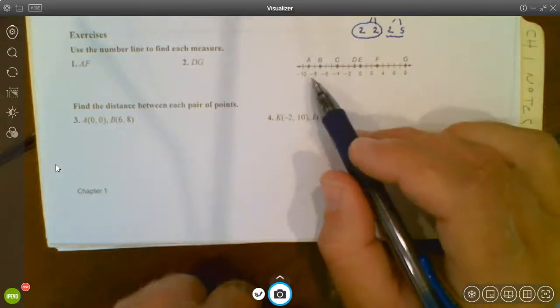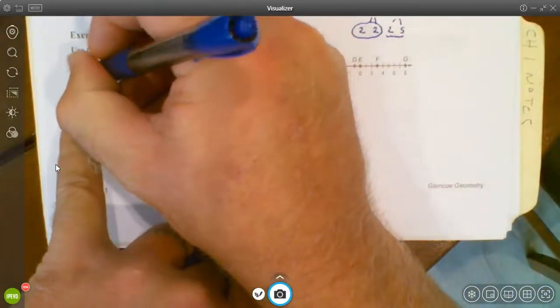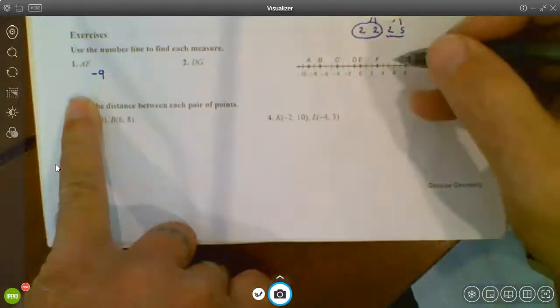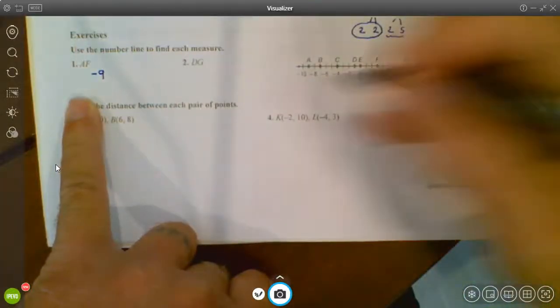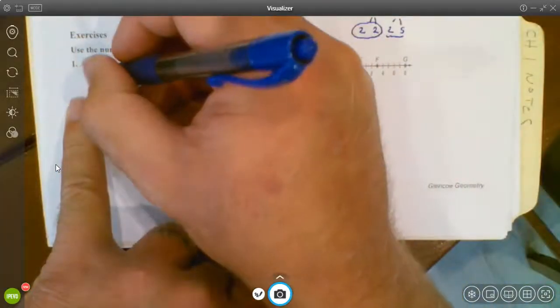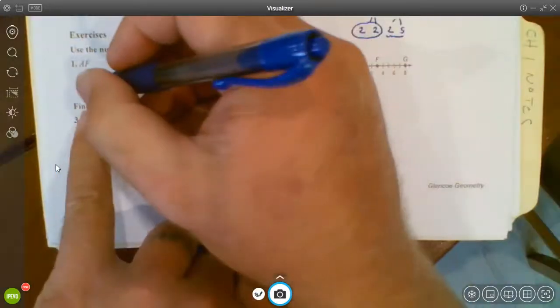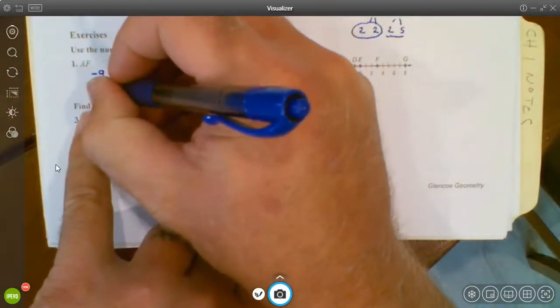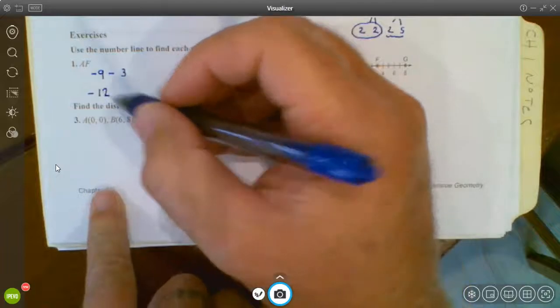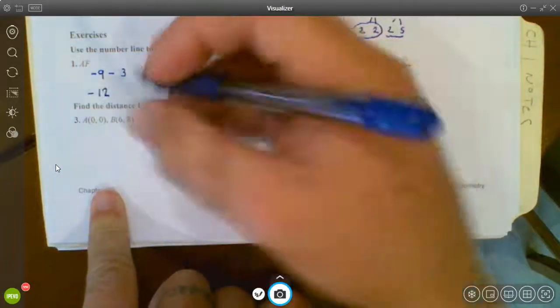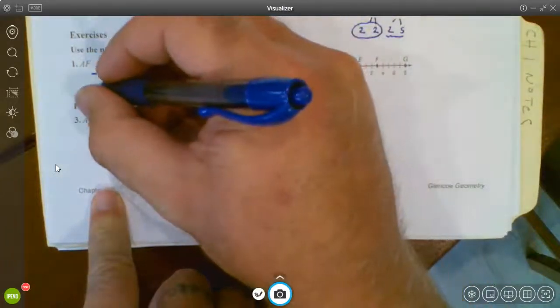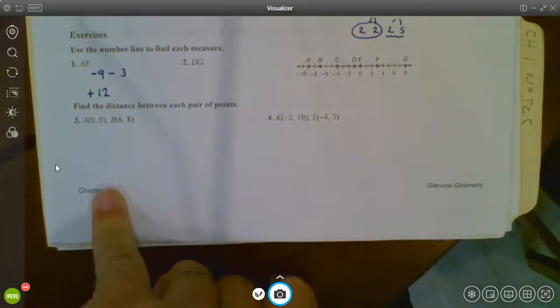Right? You can see A is at -9. I can see that F is at 3. And so I want to find their difference. So I'm going to put a minus between them. That would be -12. And like we talked about earlier, we never have a negative length. So instead of leaving my answer as -12, we're going to change it to a positive.